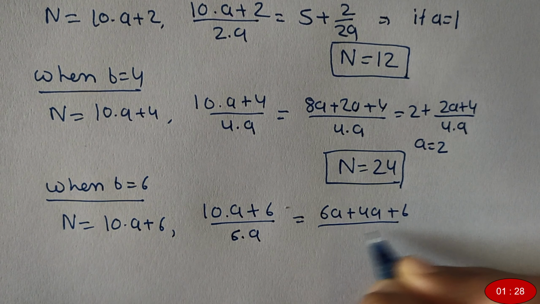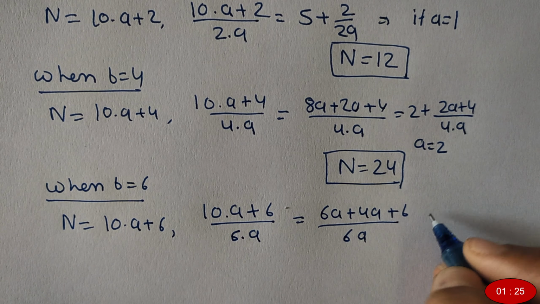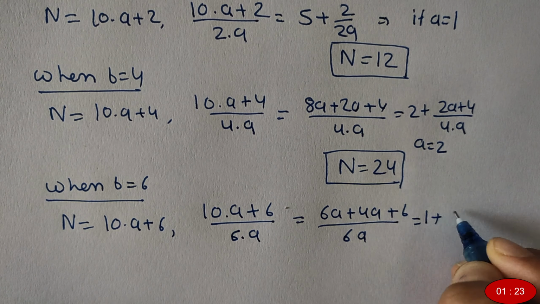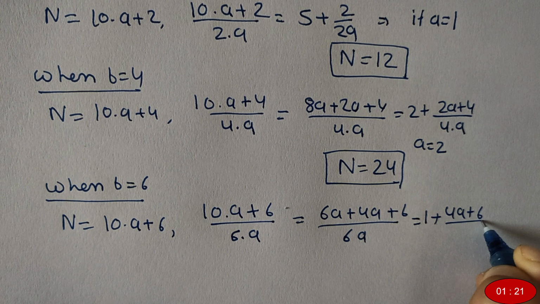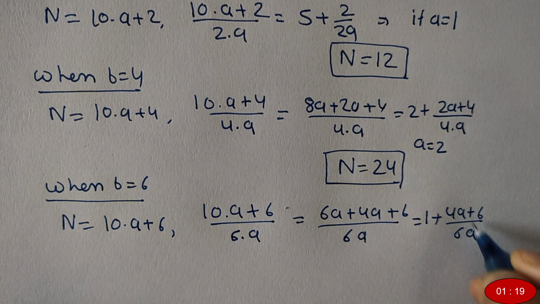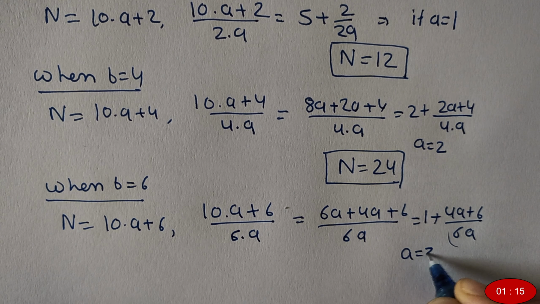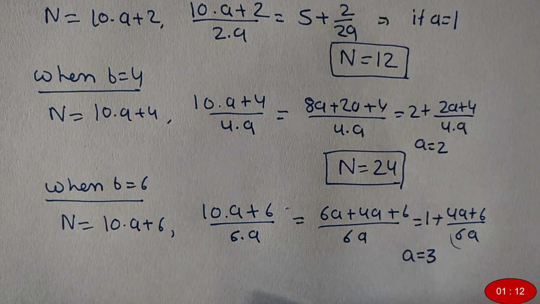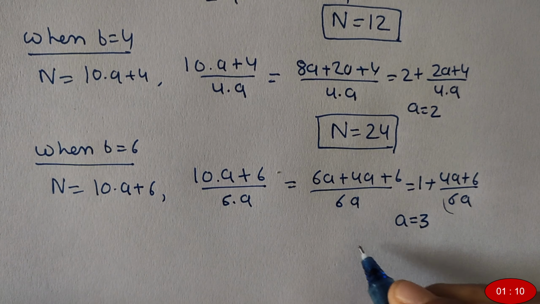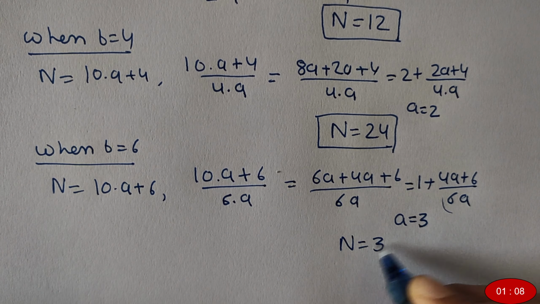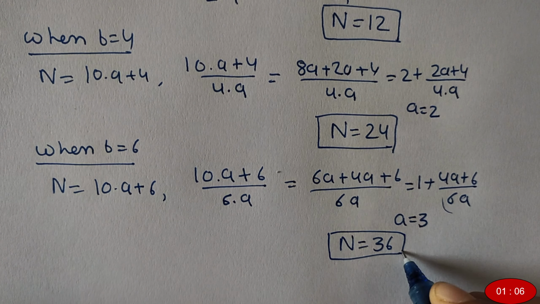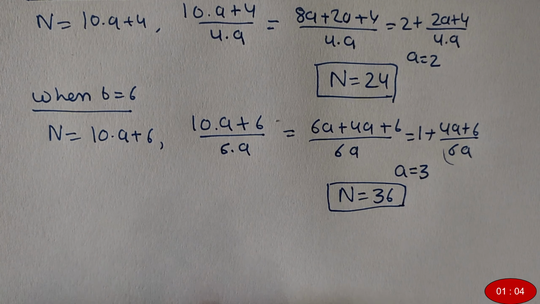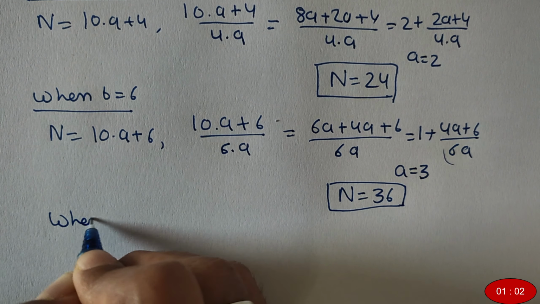Plus 6, divided by 6A. 6A divided by 6A is 1, plus what is left: 4A plus 6 divided by 6A. 4A plus 6 will be divisible by 6A if A equals 3. And when A equals 3, then n becomes 36.